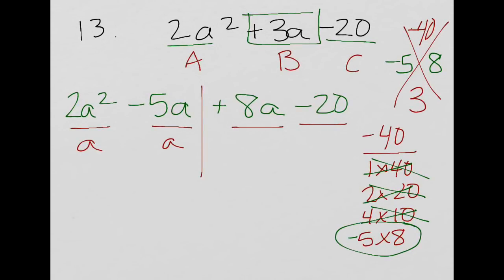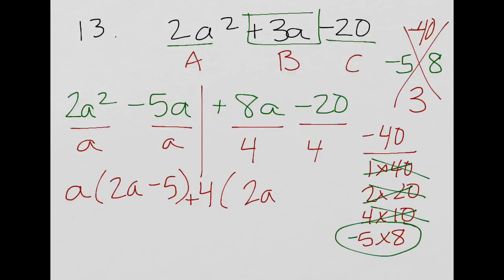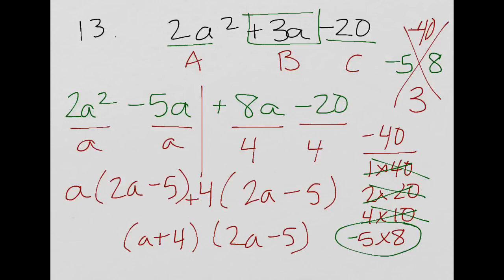Sorry about that. So it's A, 2A minus 5. And on this side, it's a 4. So it's, again, 2A minus 5. So it's the outside pieces, and then the inside or the repeated piece. And that's my answer right there.